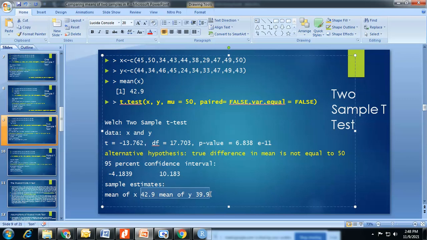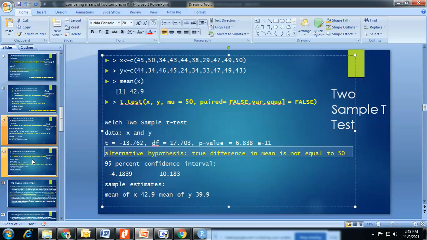If you find the difference between these two means, it is certainly not equal to 50, right? So in this case we reject the null hypothesis and accept the alternate one, that the true difference in mean is not equal to 50. That is how we interpret the value of the test.